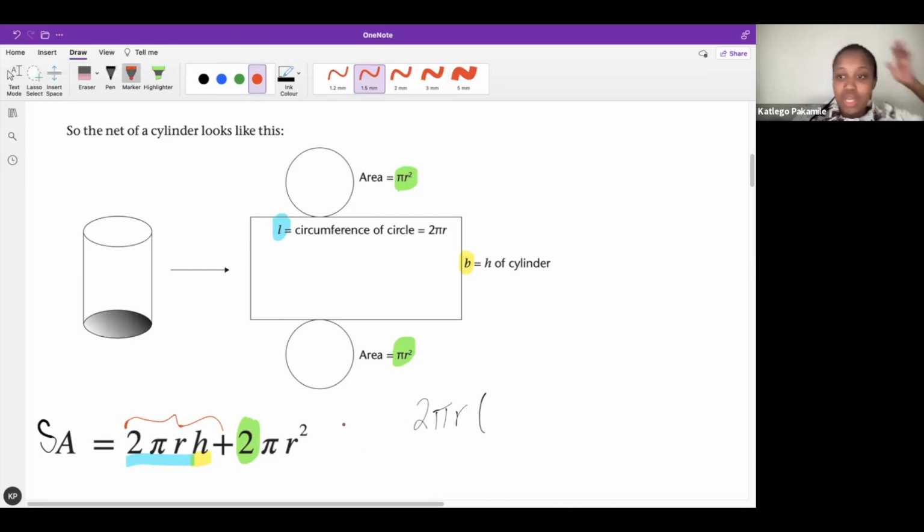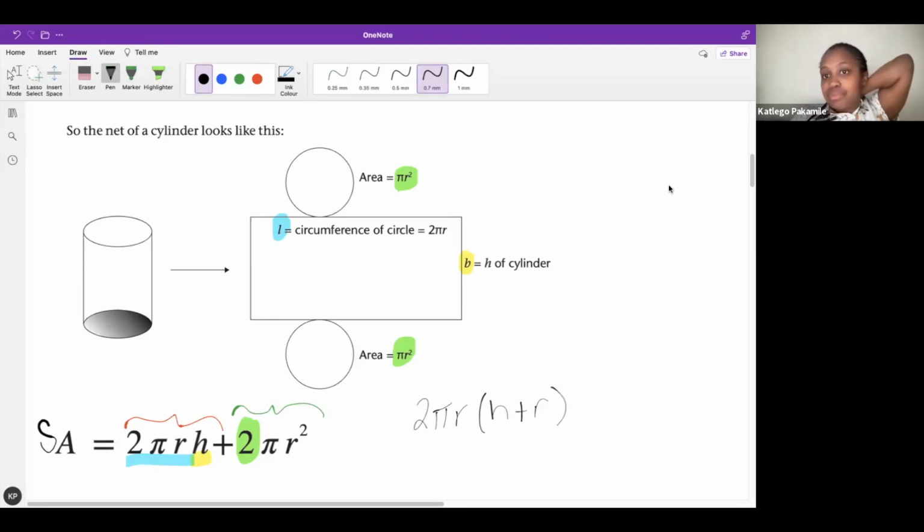An h, plus what's left when I take out a 2, a pi, and a radius there? An r. Do you see where that comes from? That's where the formula you were telling me about comes from, Tammy. I hope you understand where it comes from.